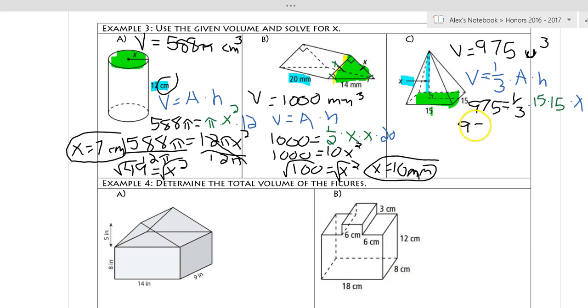So 975 equals, I can multiply all three of these things together. 1/3 times 15 times 15, and I believe you get 75x. And then I'm simply dividing by 75, and x equals 13 units.